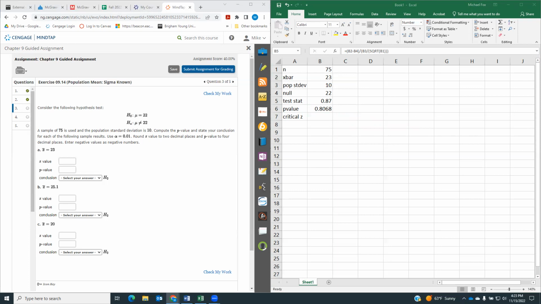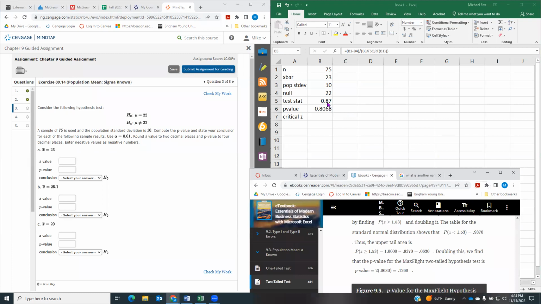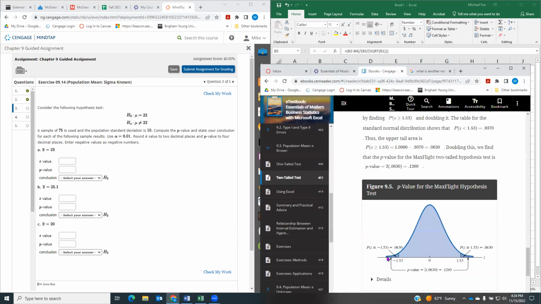So now we're saying, okay, we need the probability of not only a test statistic of 0.87, but it's actually the probability of getting less than negative 0.87 and more than positive 0.87.